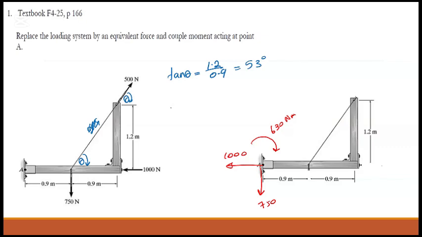So you took it like this. This is 4, this is 3, right? So tan inverse 4 over 3. Let me check. Yes, you are right. So this is 3, this is 4, and this is 5.